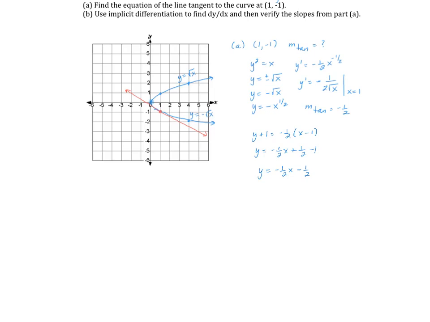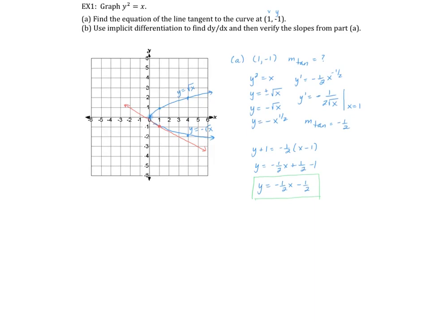All right, so we got the equation of the line tangent at the point 1, -1. But in order to do that, we had to split our graph up into two pieces and figure out which piece we needed to use.